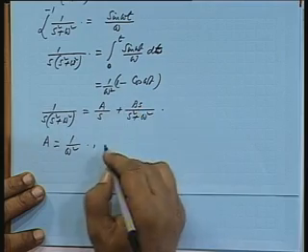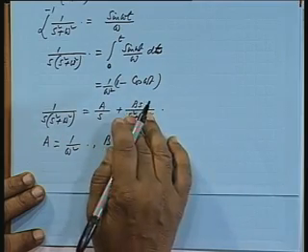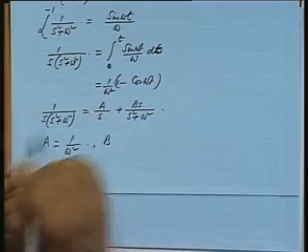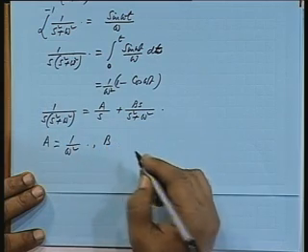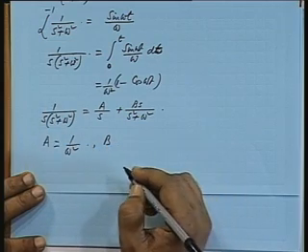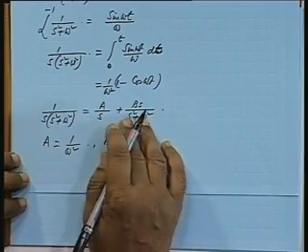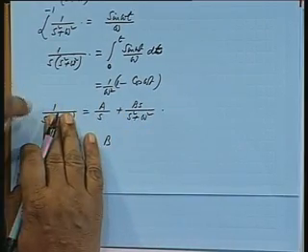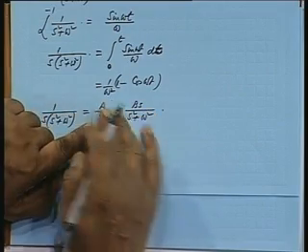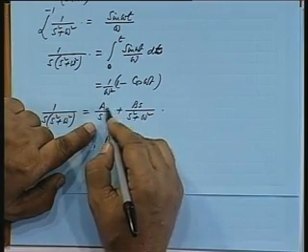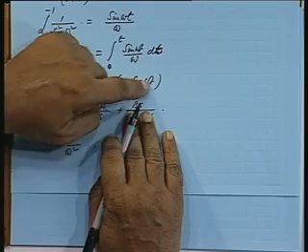How much is b? Multiply by s square plus omega square, divide by s, and put s square plus omega square equal to 0. If I multiply by s square plus omega squared, on the left hand side it will be 1 by s, then s square plus omega square in the numerator, and here it will be bs.